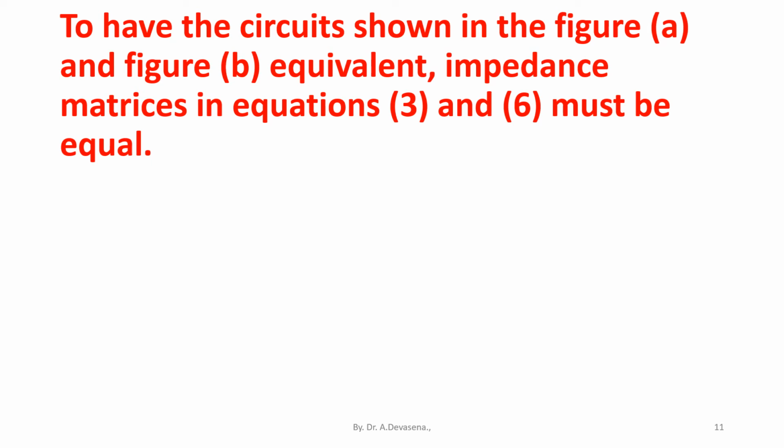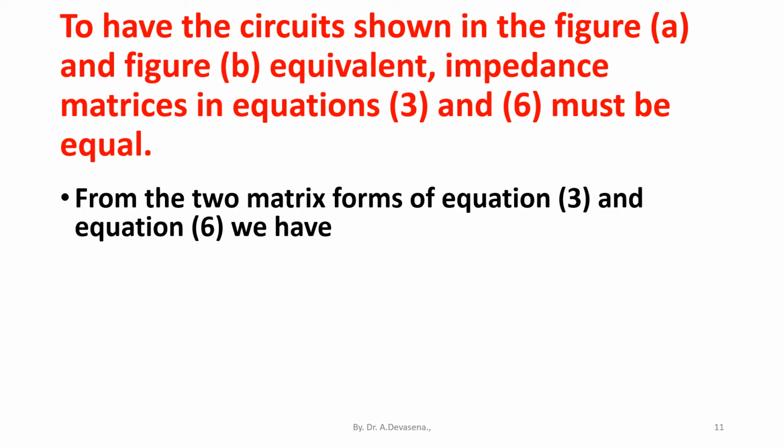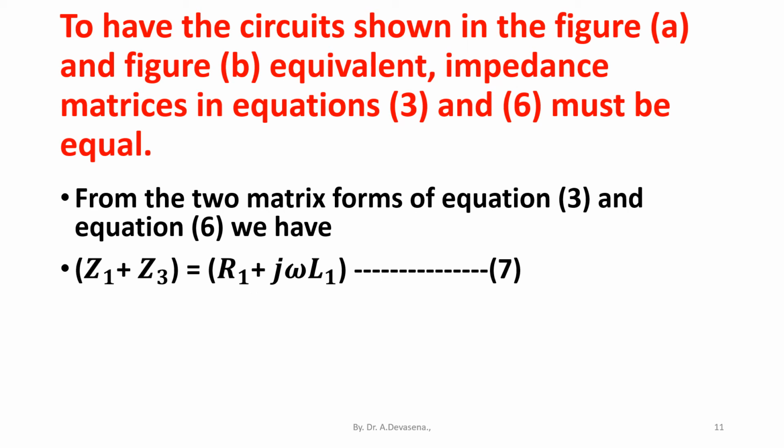To have the circuits shown in figure A and figure B equivalent, the impedance matrices in equations 3 and 6 must be equal. From the two matrix forms of equation 3 and equation 6, we have Z1 plus Z3 is equal to R1 plus j omega L1.